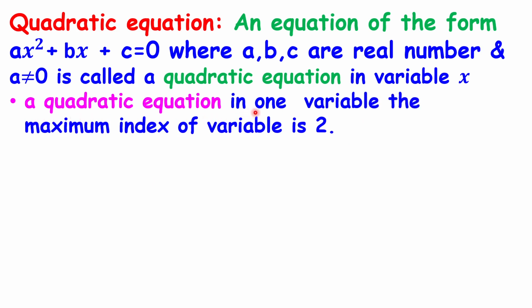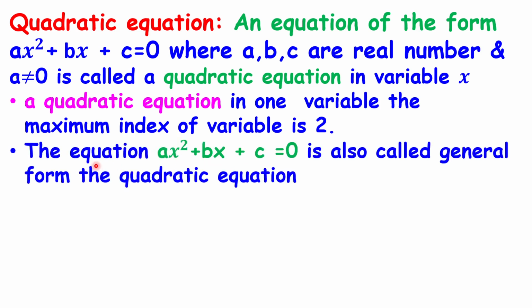In a quadratic equation in one variable, the maximum index of the variable is 2. The equation ax square plus bx plus c equal to 0 is called the general form of the quadratic equation.